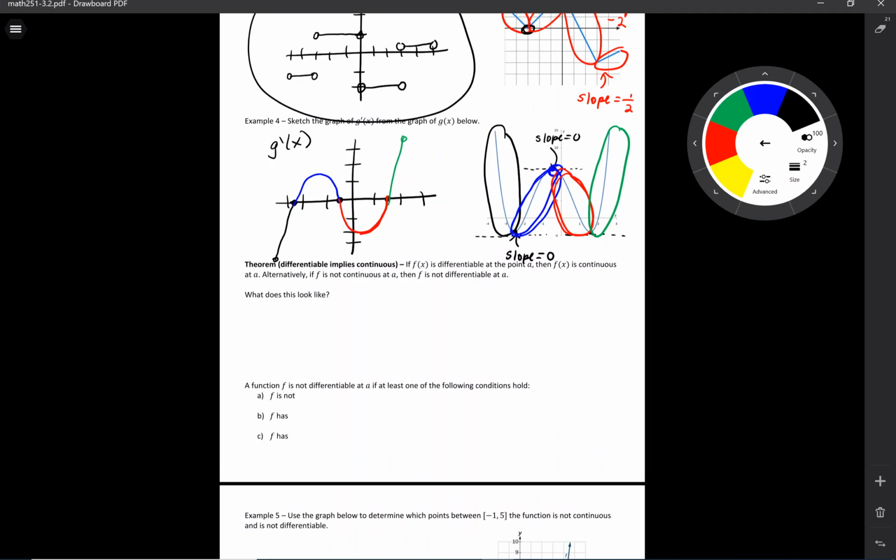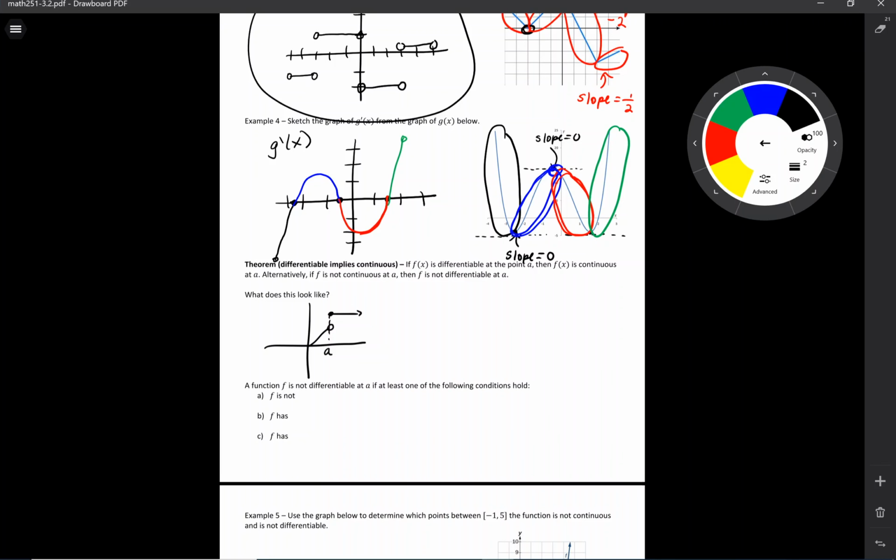So what does this look like? Well, we have 3 situations. My first situation is if f is not continuous at a, then f is not differentiable at a. So let's draw a function here, something like this. Clearly at the point a, we're not continuous.